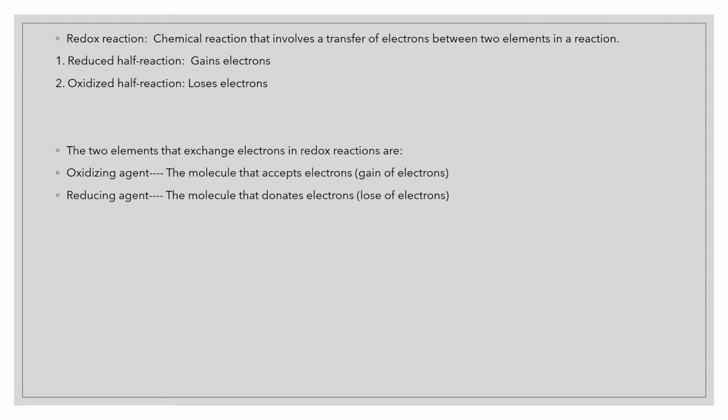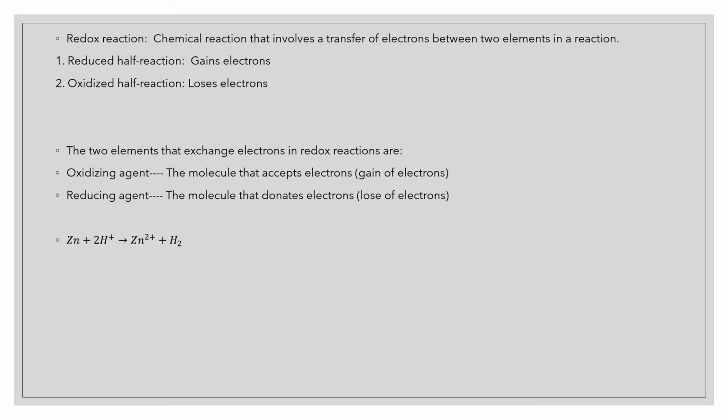There are two elements in the reaction that exchange electrons between them. One is the oxidizing agent, the molecule that accepts electrons, so it gains electrons. The other one is the reducing agent. This molecule donates electrons, so it loses electrons.